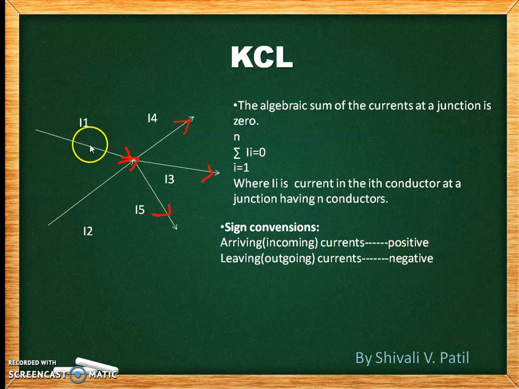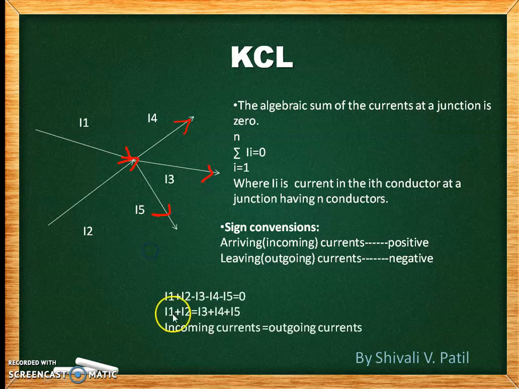Arriving or incoming currents are I1 and I2. Therefore, we consider I1 and I2 as positive, and leaving currents I3, I4 and I5 we consider negative, and the algebraic sum of all these currents is equal to 0.